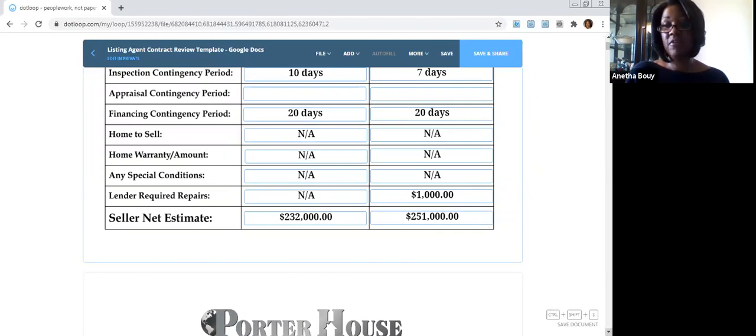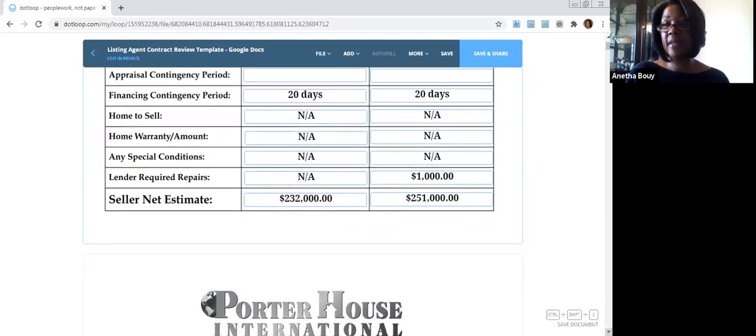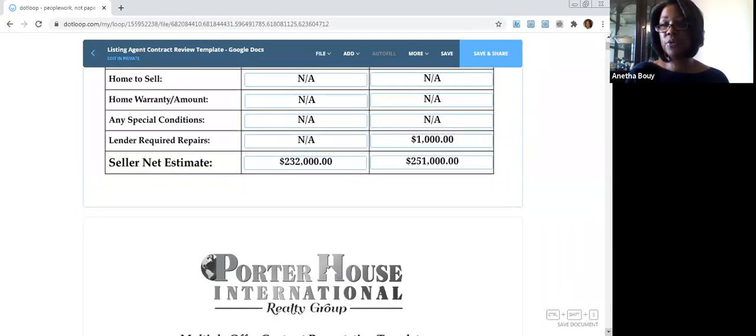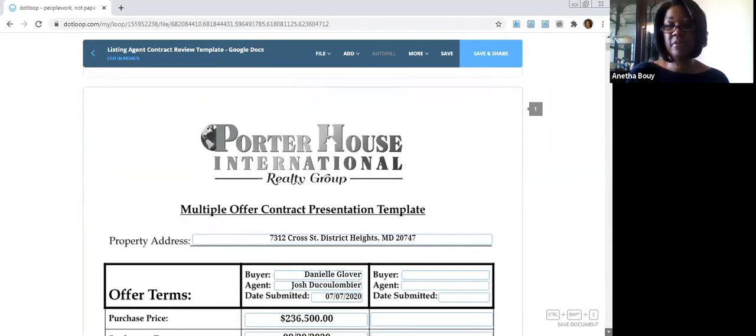They can reject the offer in its entirety, or they can negotiate the offer. Perhaps there's an offer that may stand out to them, but maybe there's one thing that they're not necessarily wanting to do or give. In that case, that's where your negotiation comes in. Okay.